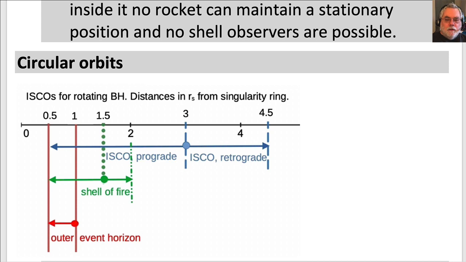As the rotation of the black hole goes from 0 to maximum, the outer event horizon moves closer to the singularity ring, from 1 Schwarzschild radius for a non-rotating black hole to 1/2 Schwarzschild radius for a maximally rotating black hole.